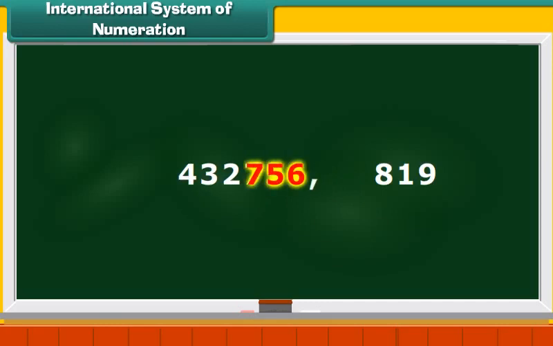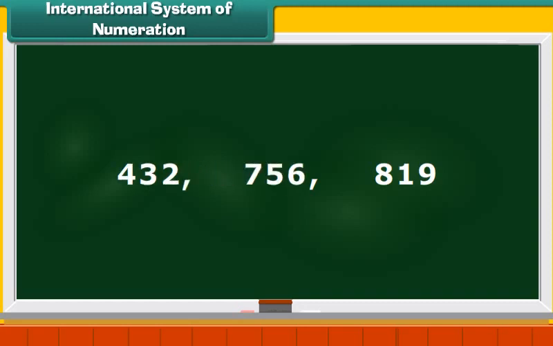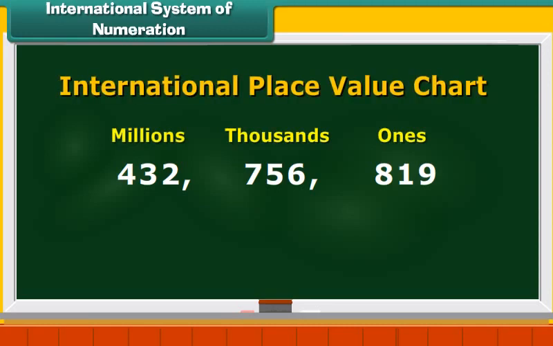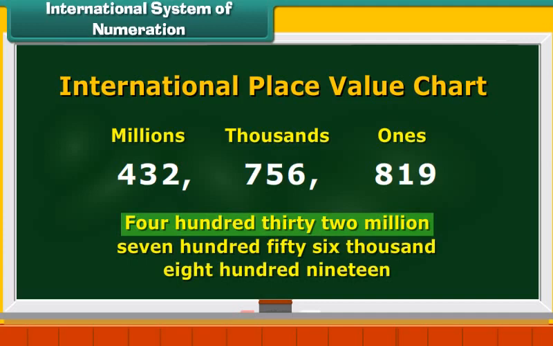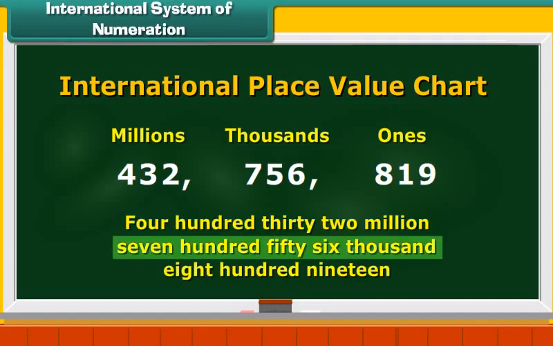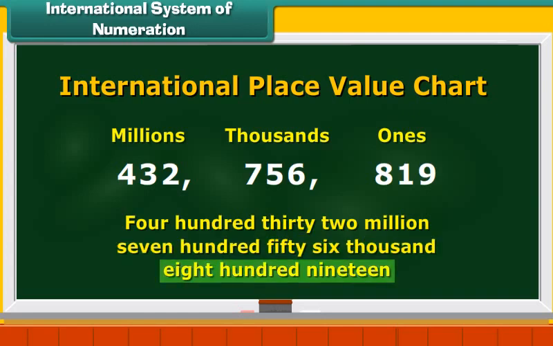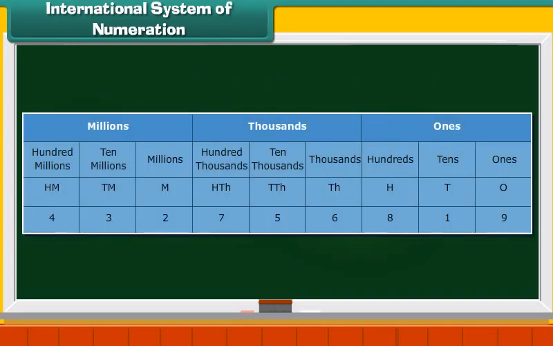Then we count 3 more digits and place a comma before 7. Thus, we have 3 groups: ones, thousands and millions. This is the International Place Value Chart. Now, let us read the number from left. It is 432,756,819.